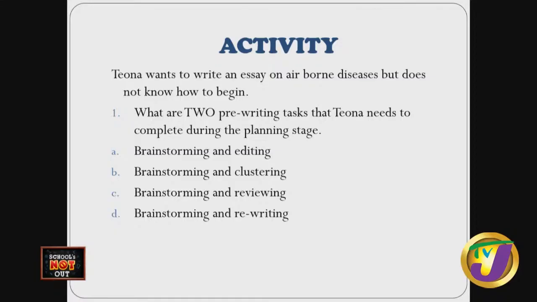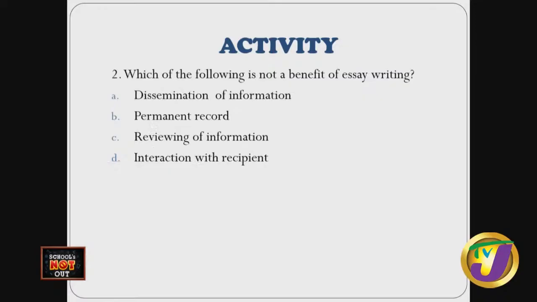It is a pre-writing stage, so our answer is brainstorming and clustering. Which of the following is not a benefit of essay writing? Is it dissemination of information, permanent record, reviewing of information, interaction with recipient? Because it's essay writing, the one which is out is the interaction with recipient.